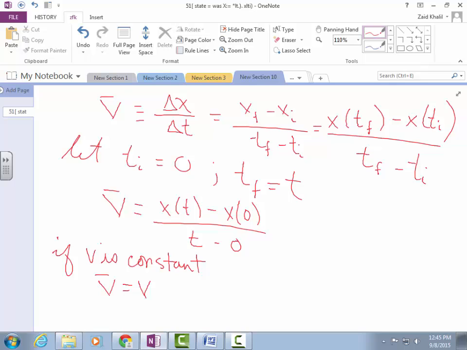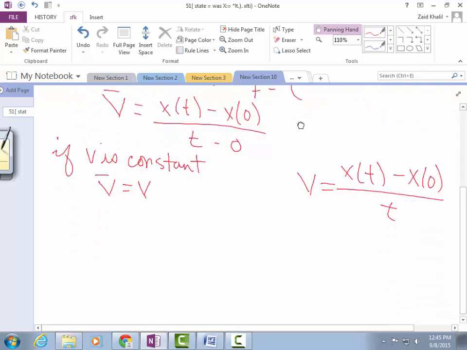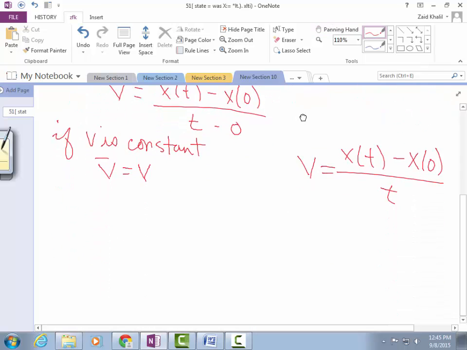So this is what you have: v is equal to x of t minus x of 0 over t. Well, what does that define in terms of x of t? I can rearrange this, and you have x of t minus x of 0 is equal to vt.